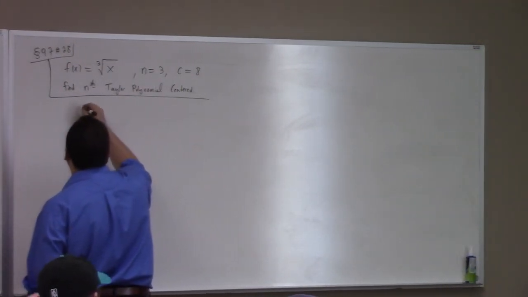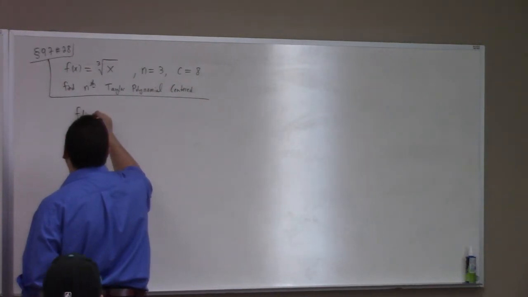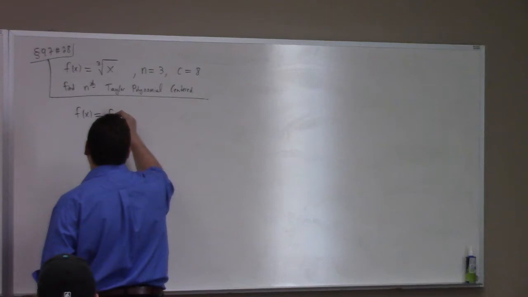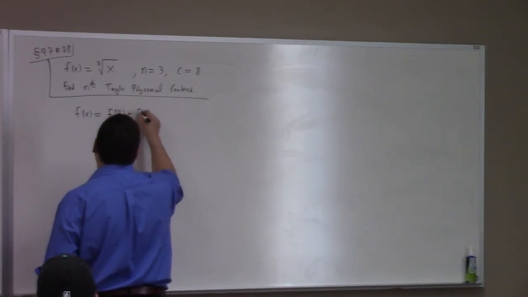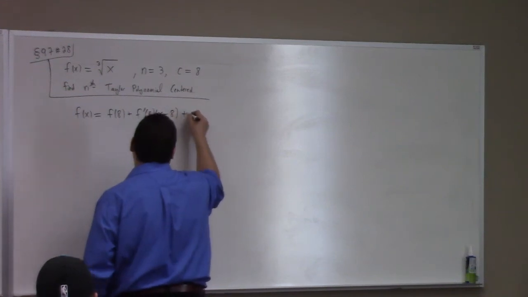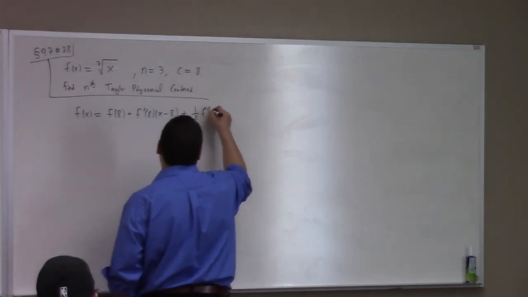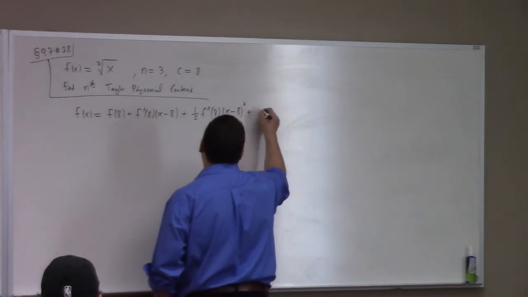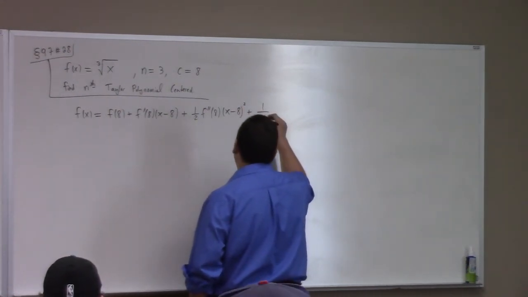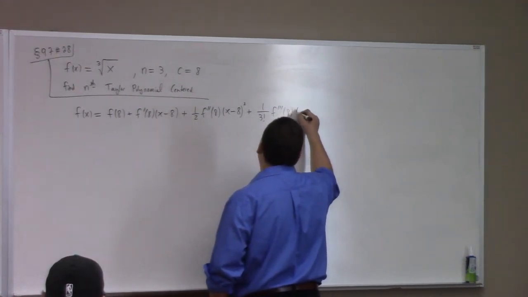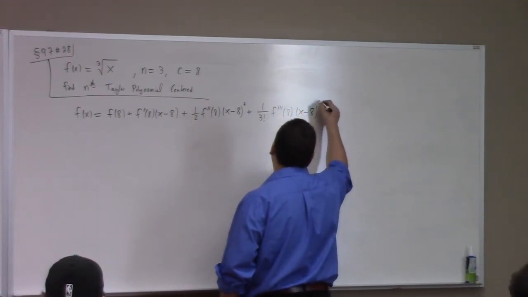We're supposed to calculate f of x, and here's the Taylor polynomial. It's going to be f of 8 plus f prime of 8 times x minus 8 plus 1/2 f double prime of 8 times x minus 8 squared plus 1/3 factorial, otherwise known as 6, f triple prime of 8 times x minus 8 cubed.